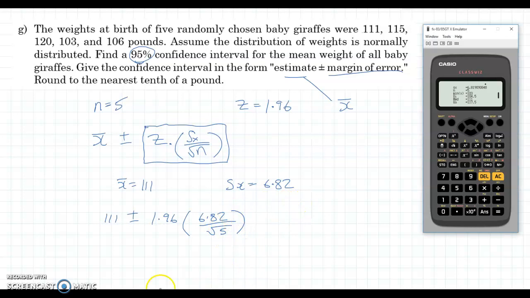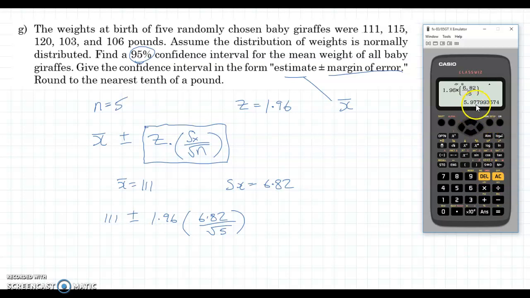So now we go to the calculator, back to comp mode, and work out our margin of error. It's 1.96 multiplied by, open a bracket, fraction key, on top 6.82, downstairs the square root of 5, close the bracket, press equals.